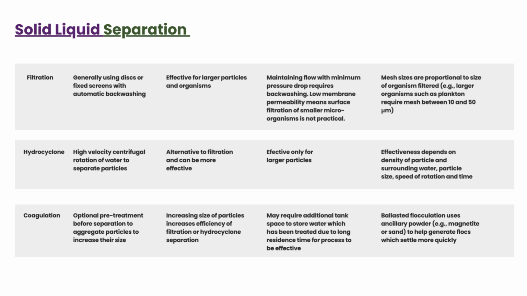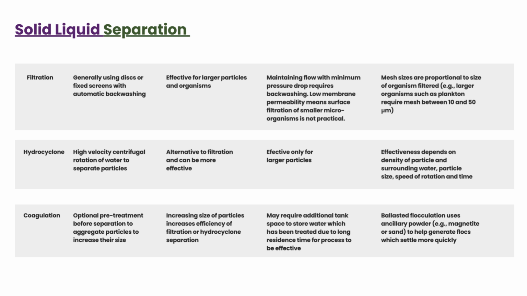Number three, coagulation. Coagulation means optimal pretreatment before separation, aggregating particles to increase their size. The silt, the mud which is there, is passing through the filter because the size is very small. We need to increase the size of the particle so that it gets stuck. For that, there is a method called coagulation.